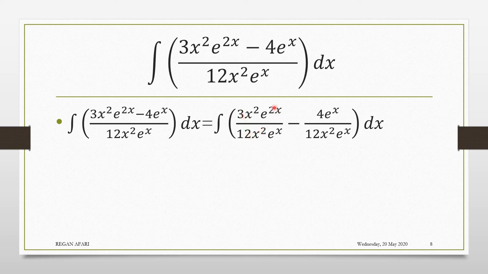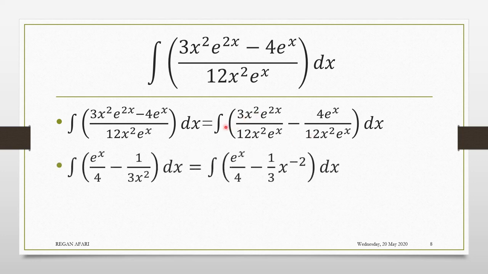And then this is e raised to the power 2x, which means it's double of this. So we can use e raised to the power x to cancel one of it, so that to be left with e raised to the power x. Then this will take care of that 4, and then 12 will also work. So let's see.